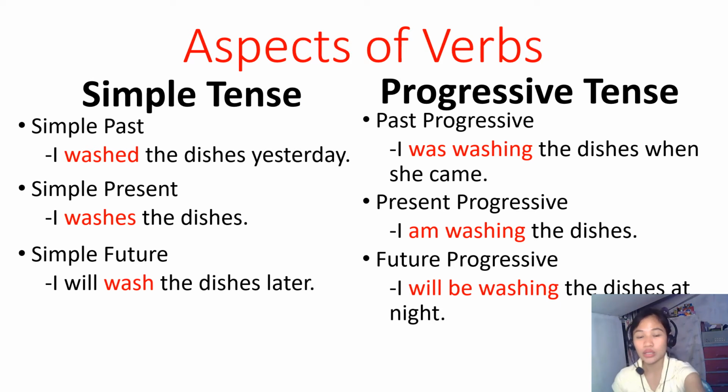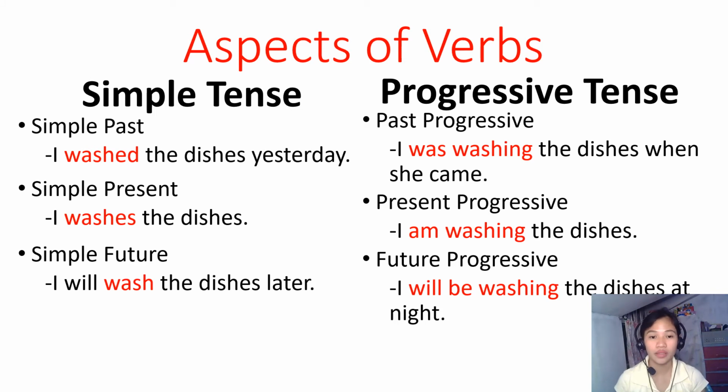Take a look at the examples from simple tense to progressive tense. Our progressive tense always has ing at the end of the verb. And what we use here is was, were, are, is, and will be. So there is a be verb that is used before the main verb.